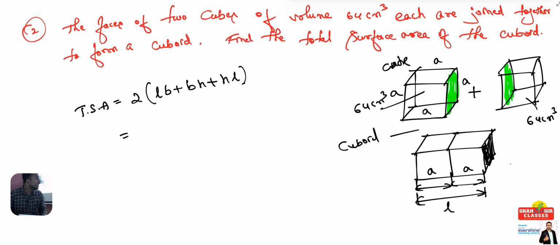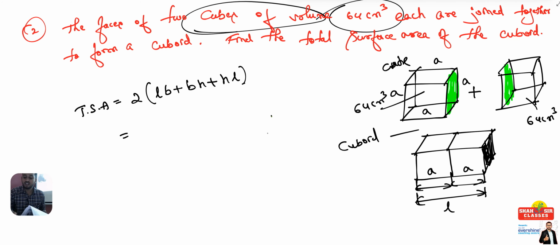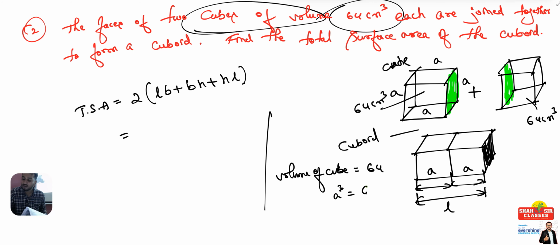1A plus 1A, 2A. Now what is A? To find that A, what has he given? Volume of cube. So what is the formula to find the volume of a cube? Volume of cube equals 64 centimeter cube. So A cube equals 64. Just now we found A is equal to 4 centimeter, the cube root of 64.